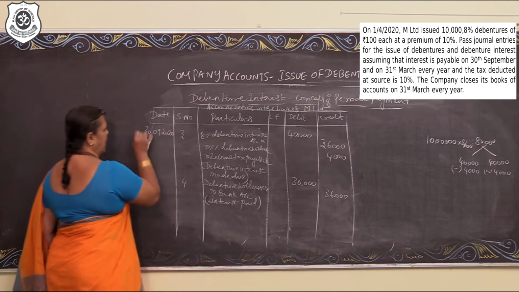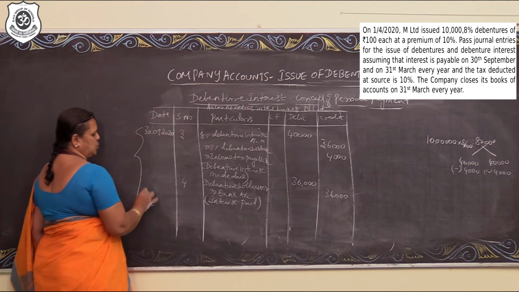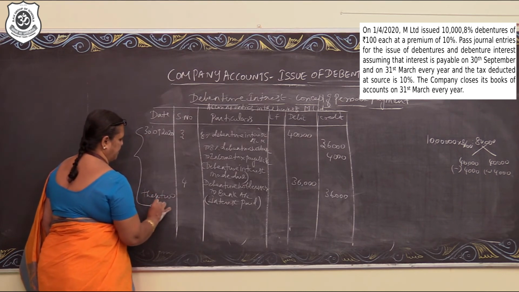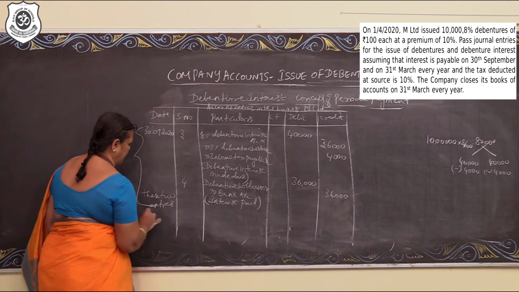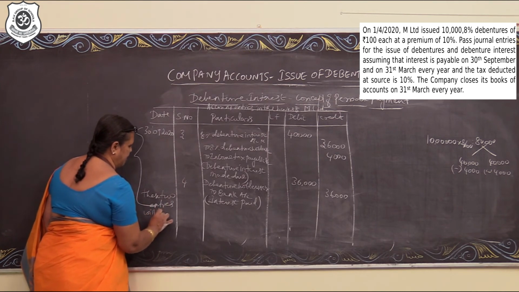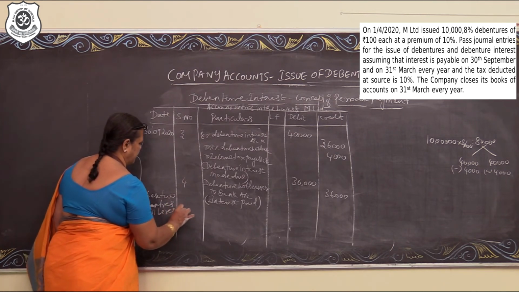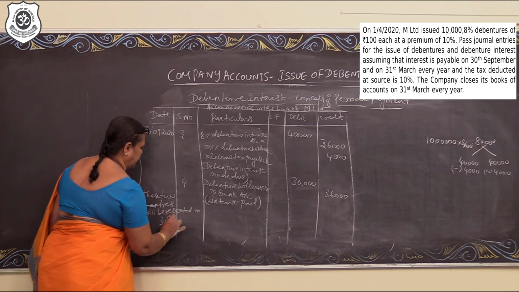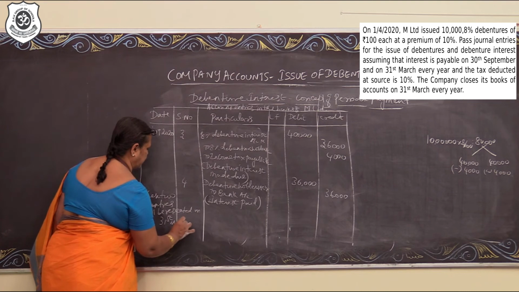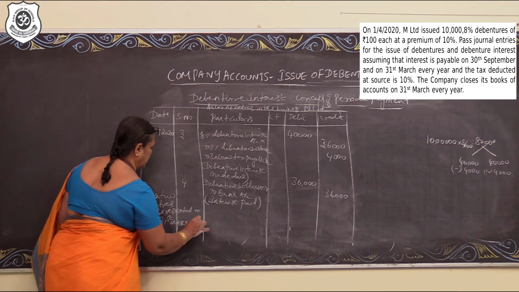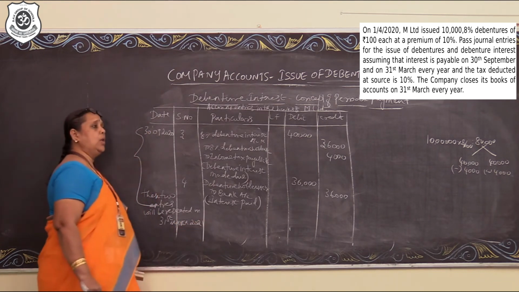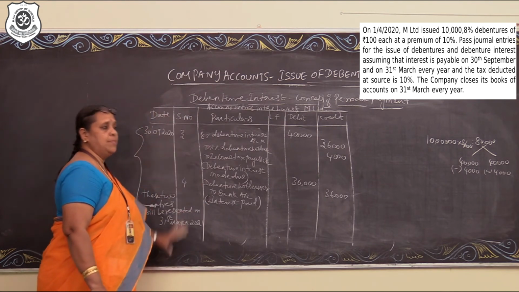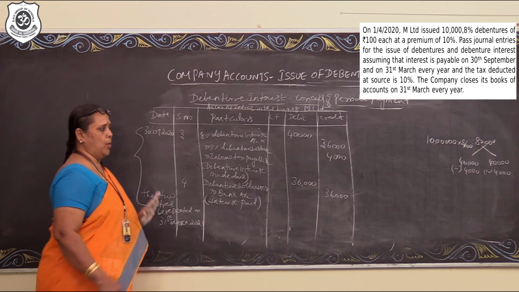Now I am just going to mark it this way. These 2 entries will be repeated on 31st March, 31st March 2021. So again on 31st March, you will pass the same journal entries with the same amount.